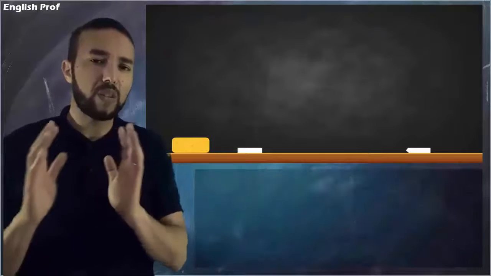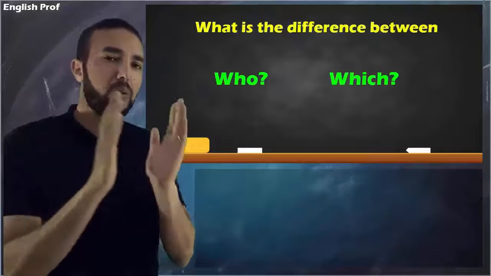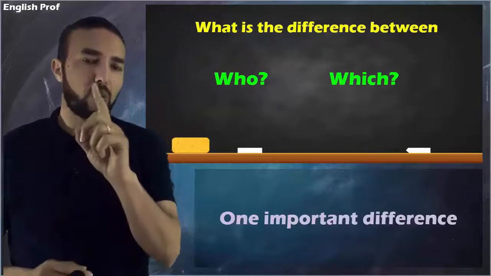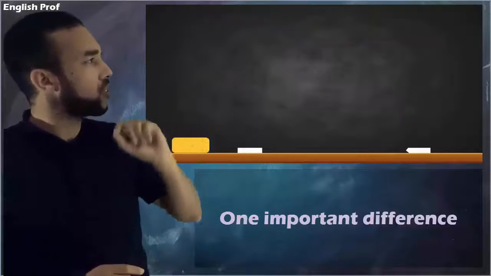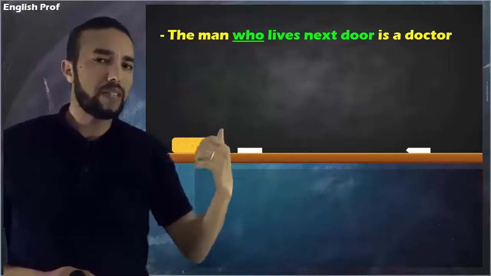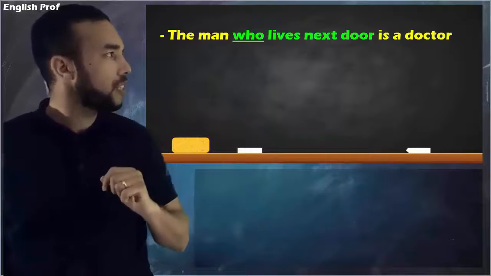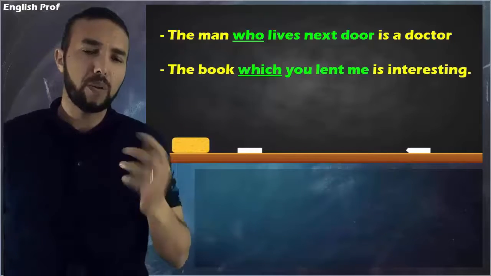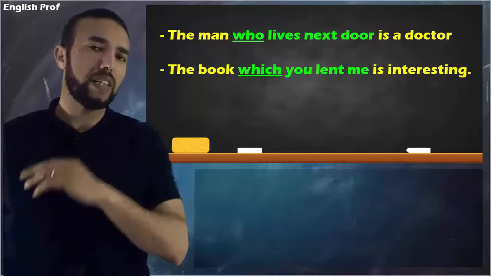Who and which are used in the same way, but there is one difference. Let's take one example of each. So, for example, the man who lives next door is a doctor. What about which? Let's say, for example, the book which you lent me last time is very interesting.